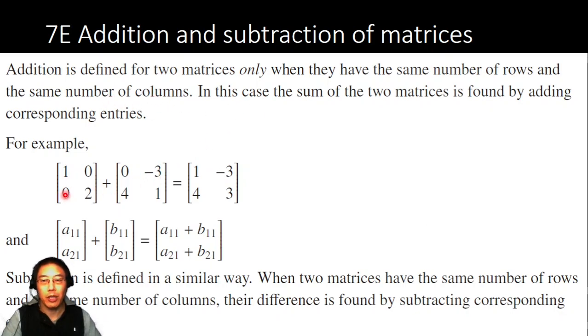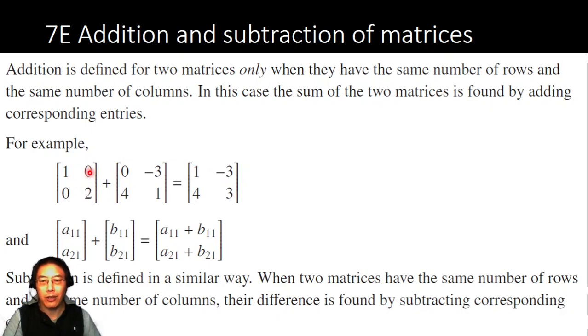So for example, here we have a 2 by 2 and a 2 by 2, and to add 2 matrices, you look at the corresponding entries, so the exact same position from the first and the second matrix, and you add the values. So adding the corresponding entries, for example, the first row, first column will be 1 plus 0, that gives you 1.